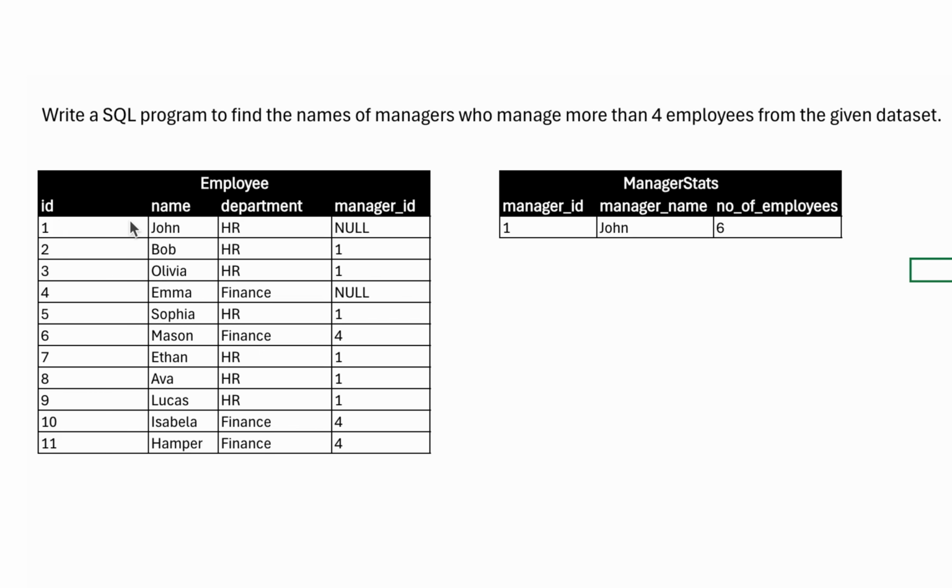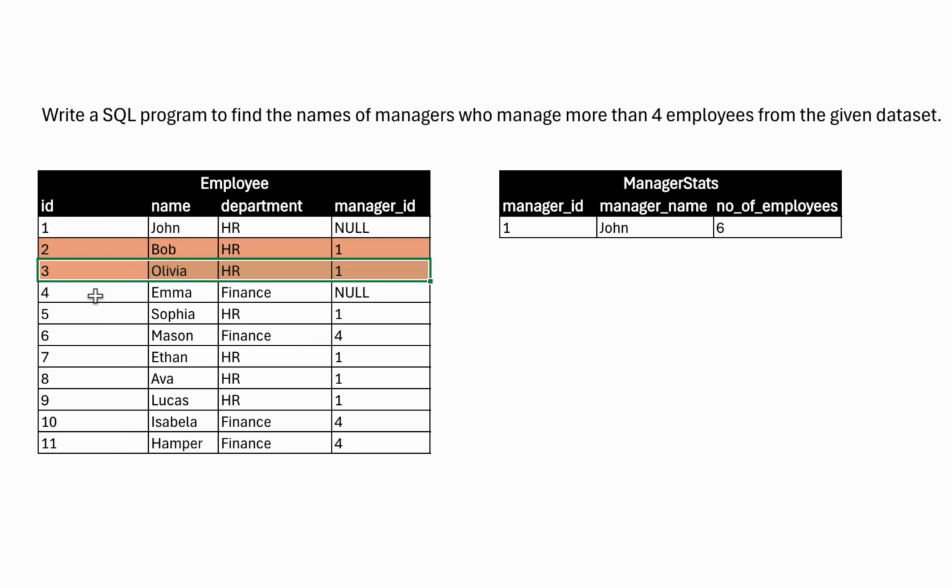If we look at the first row, the manager ID is null. That means John does not have any manager. Now if we look at the second row, that is Bob, and Bob's manager ID is 1. In the third row, Olivia, the manager ID is again 1.